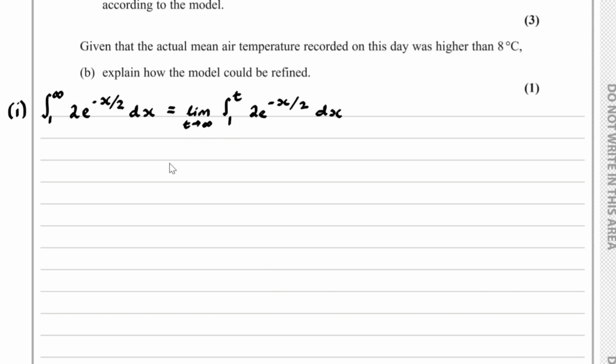So if we work this out, integrating 2e to the minus x over 2, we end up with minus 4e to the power of minus x over 2.